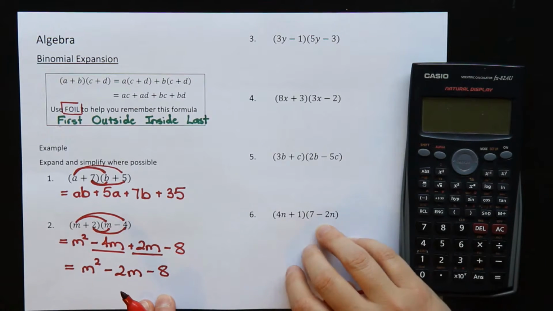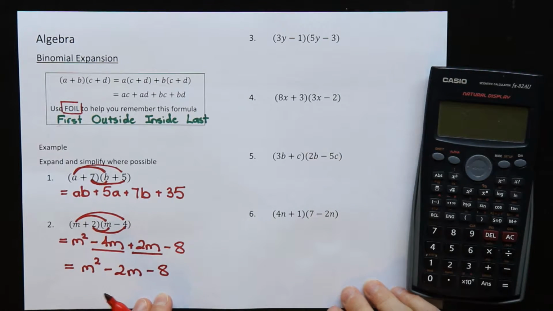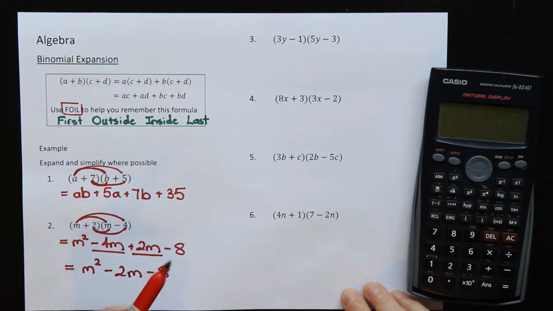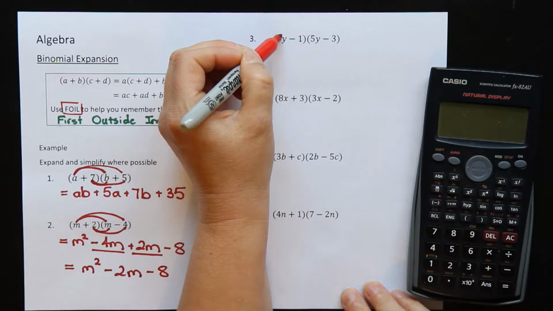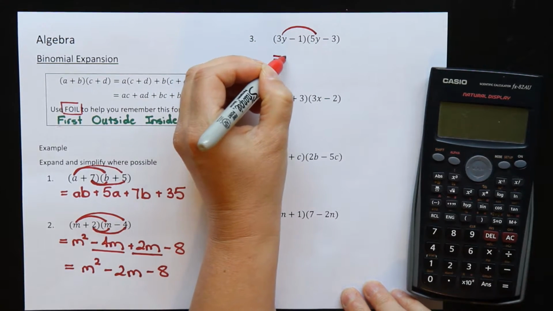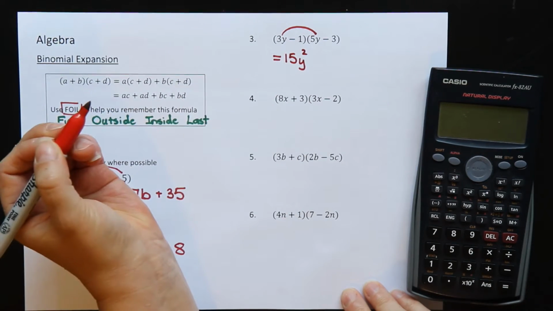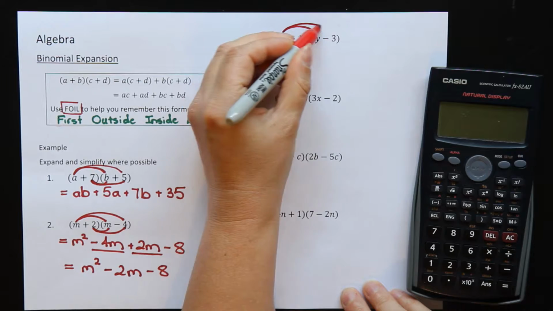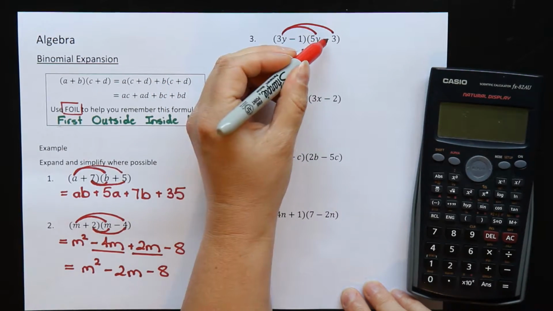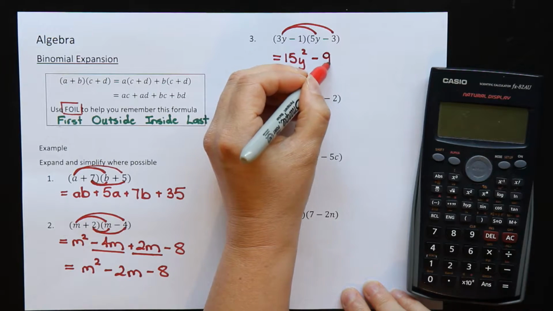Okay, so we're just going to practice this over and over. The more often you do something, the better you get at it. So let's try question 3, using FOIL again. First is 3y times 5y. 3 times 5 is 15. Y times y is y squared. O is for outside. 3y times minus 3 is a minus 9y.